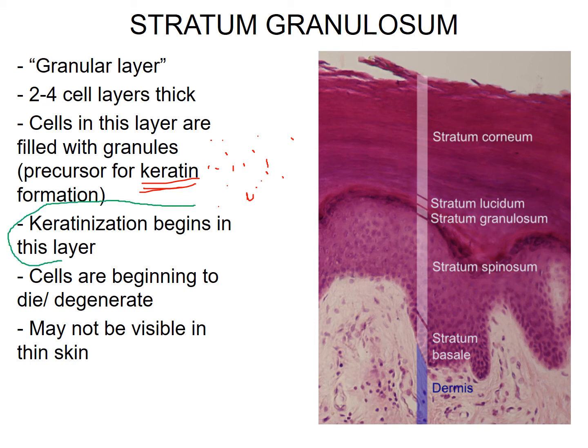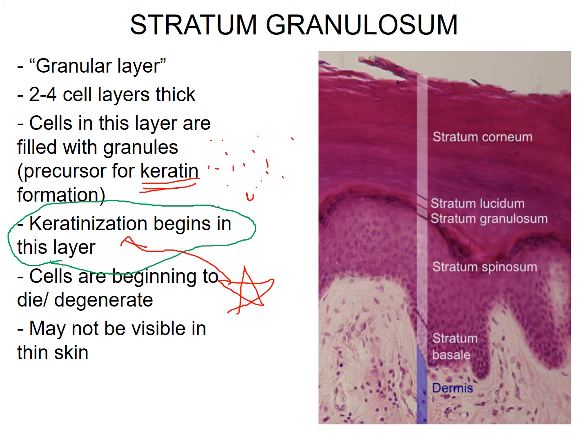This is where we are actively starting to pump the cells full of keratin for protective purposes. But remember, the side effect to that is we're killing the cells, essentially. So the two layers above this, the stratum lucidum and the stratum corneum, are both dead layers of cells. This is where they start to die because of this keratinization process.